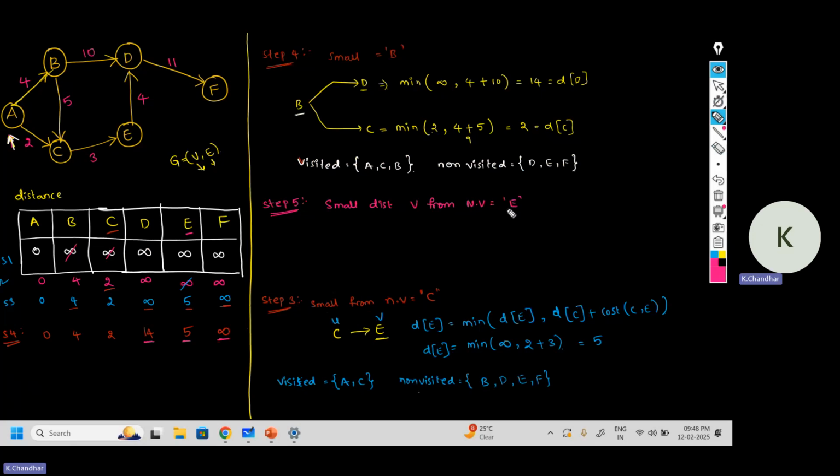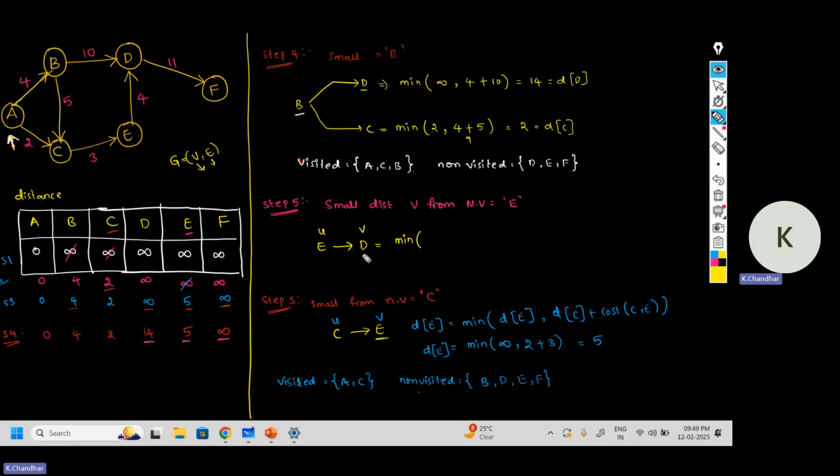Next, what can I do? From E, what vertices can I visit, that I need to pick. So this is E. From this E, which vertex can I visit? From E to D I can visit. So D, I am going to represent this one with E. Now how can I calculate the distance at D? It is calculated by taking the minimum value.